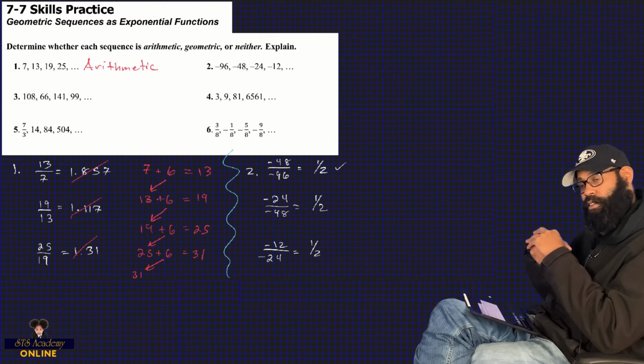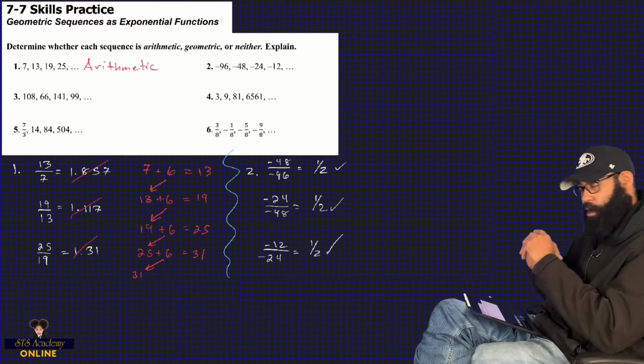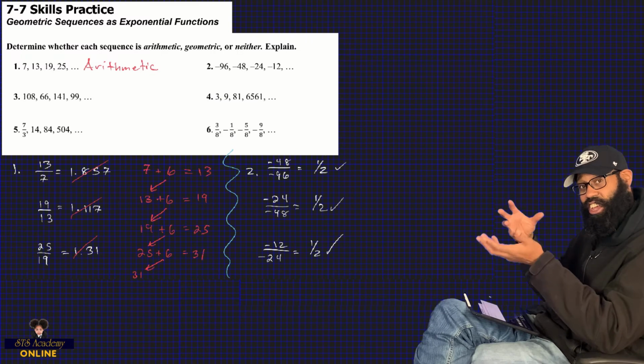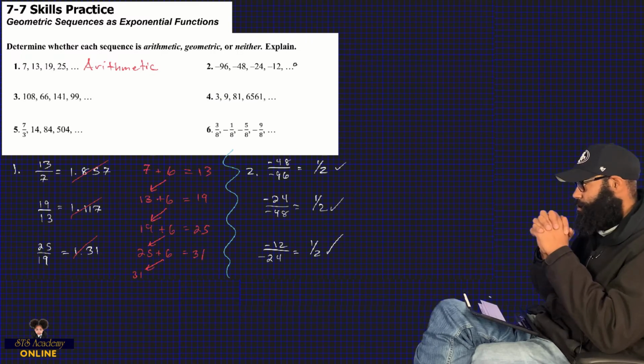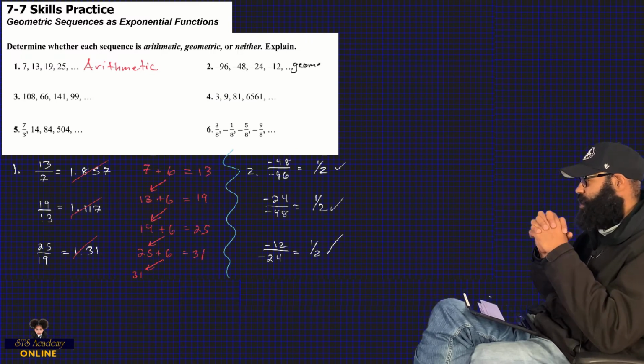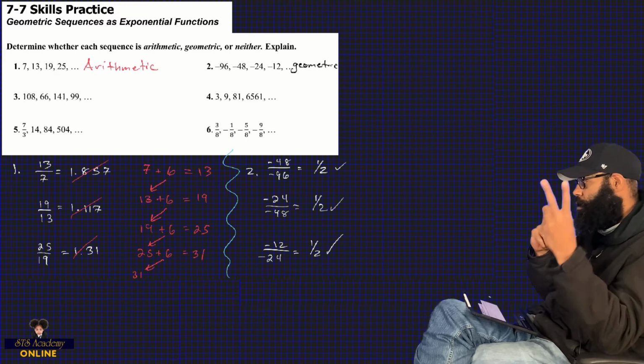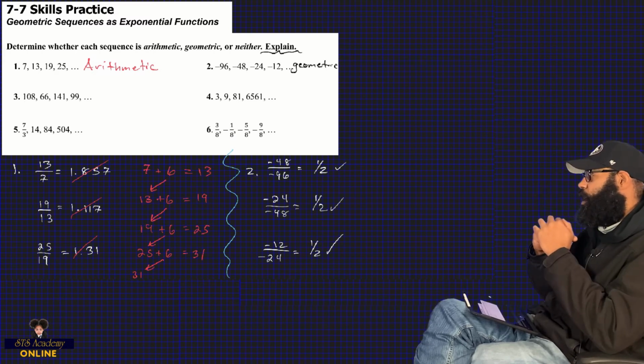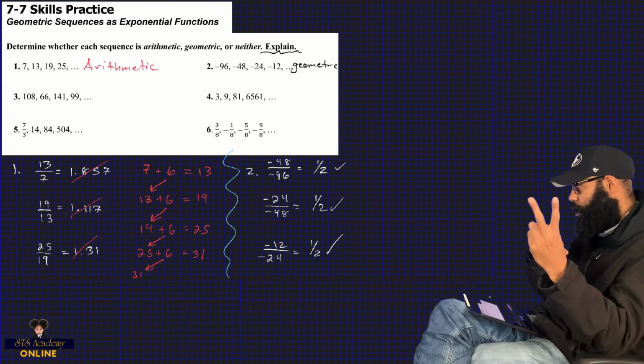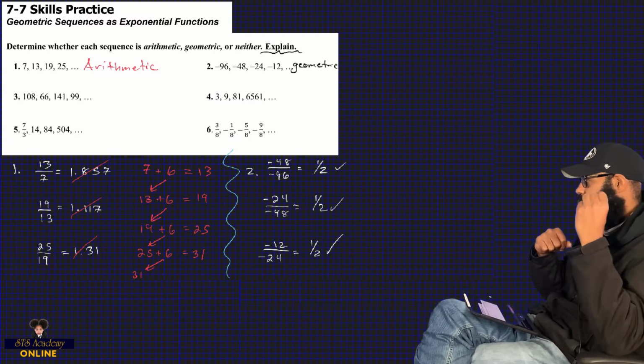Oh my goodness. They're all the same because it's geometric. And let me see if I actually show it and write it out here, guys. Am I going to explain it any other way? Because negative 96 divided by negative 48 divided by negative 24 divided by, and of course negative 12 divided by.